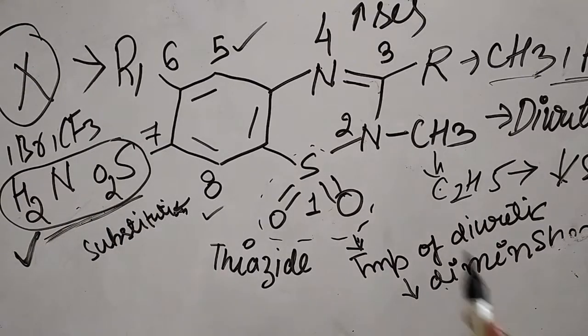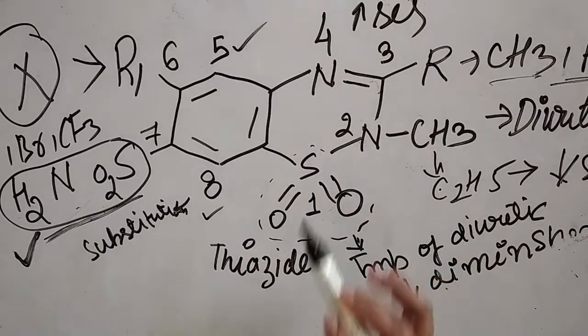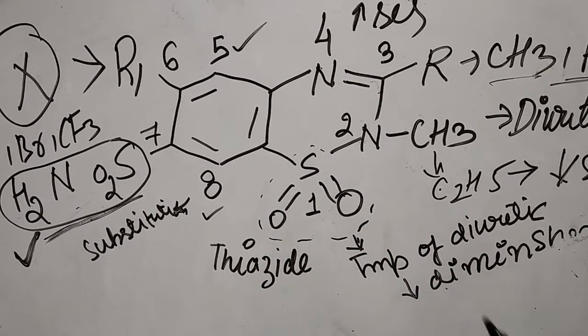So here in the SAR studies, you can see all the positions have particular functional groups, and these functional groups play an important role in the biological activity of the drugs. If any alteration or substitution of these groups occurs, either the activity is reduced, increased, or completely lost.